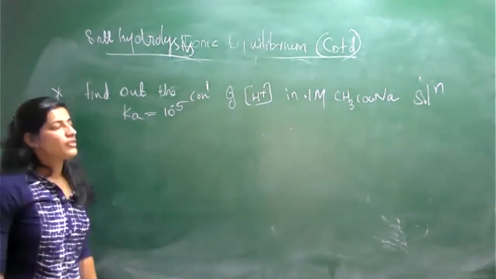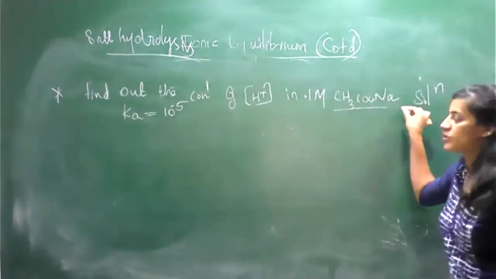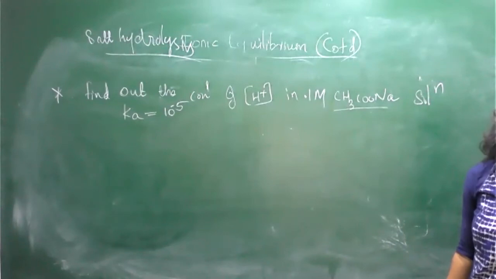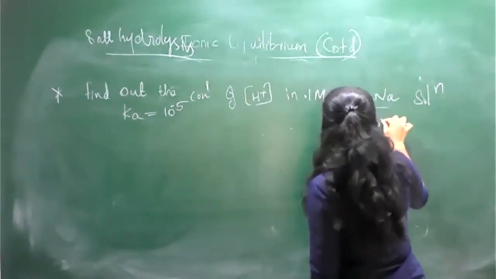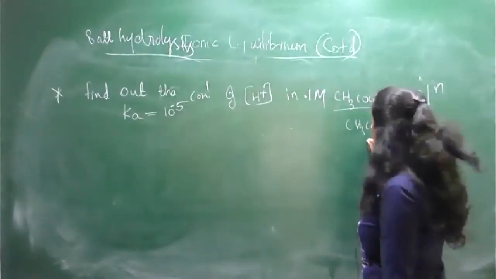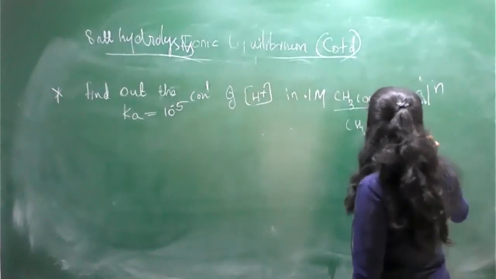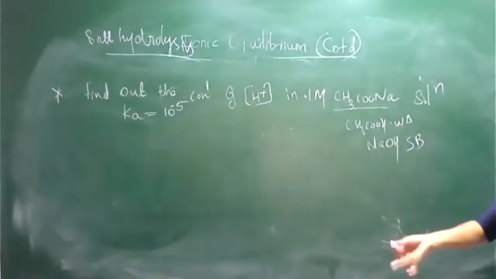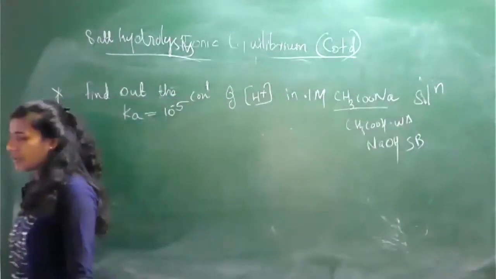What type of salt is given? Sorry, the salt is given to you. What type, students? Weak acid? Yeah. Okay. So CH3COOH, acetic acid plus NaOH type. So this is weak acid and strong base type. Then easily you can find out the H plus ion concentration with the help of that formula.